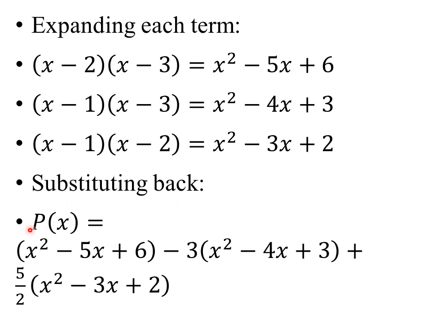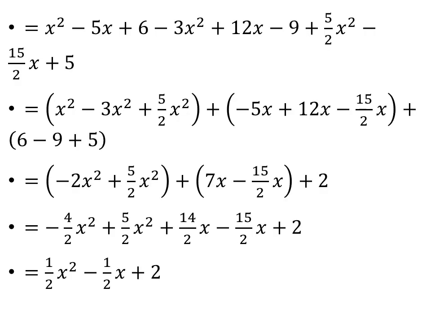Substituting back, P(x) equals, you can see here, we write here, then you put the values, the second value is also given, then you put these values, and the third value is also given, then we put these values. Now we open all brackets. After opening all brackets, you can see here the value of x squared we write here, x squared minus 3x squared, and 5 upon 2 x squared.